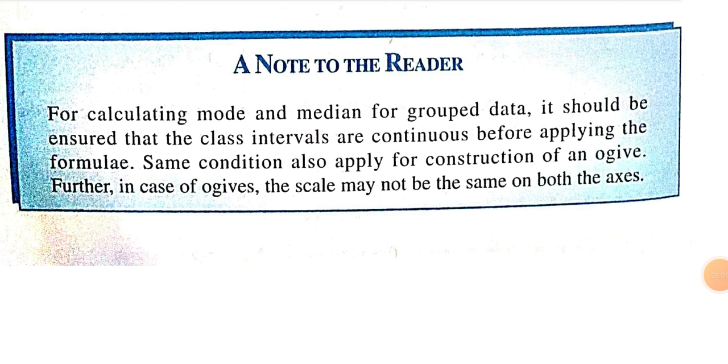A note to the reader: for calculating mode and median for grouped data, it should be ensured that the class intervals are continuous before applying the formula. Some conditions also apply for construction of an ogive. Further, in case of ogives, the scale may not be the same on both the axes.